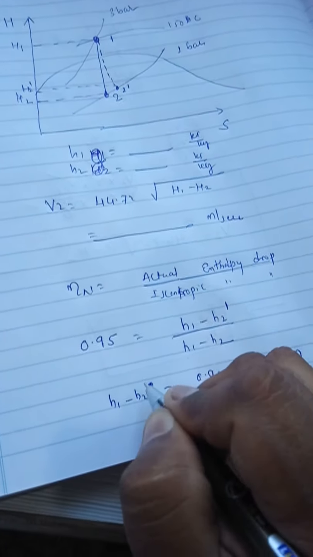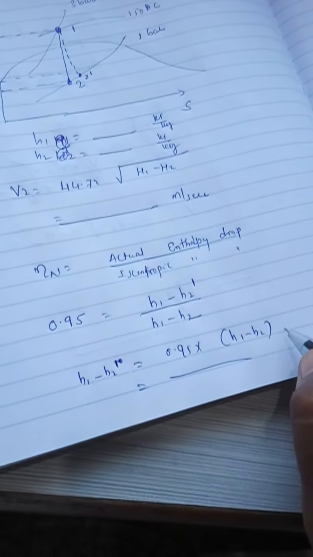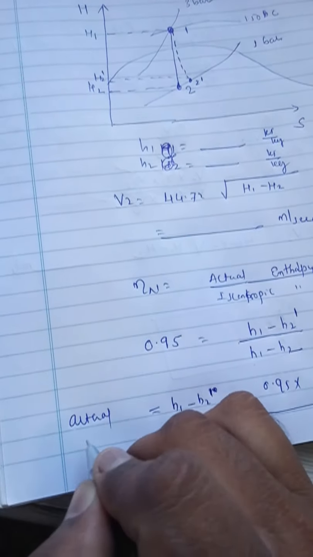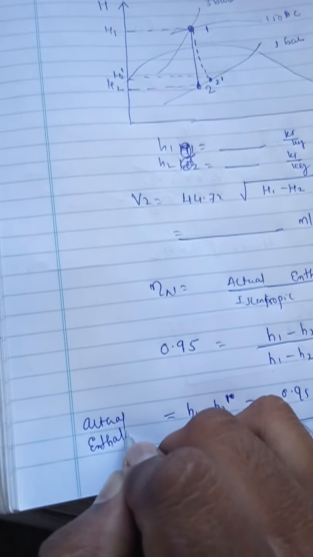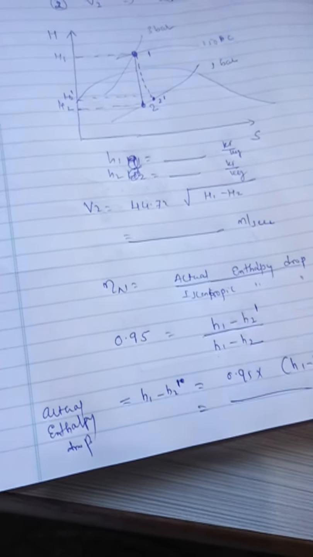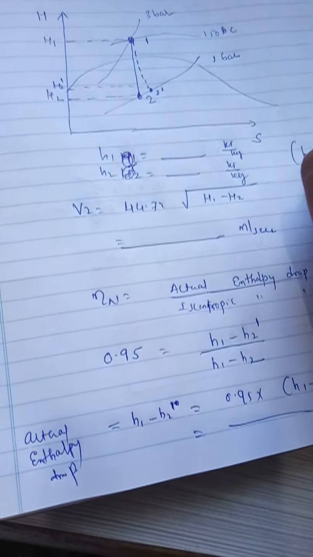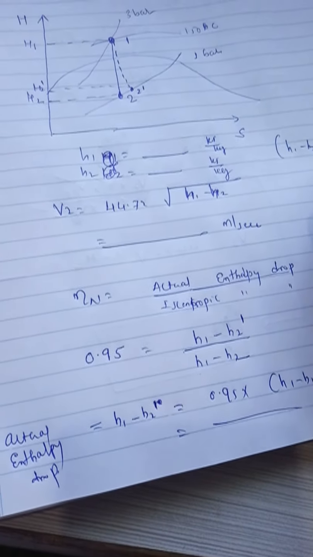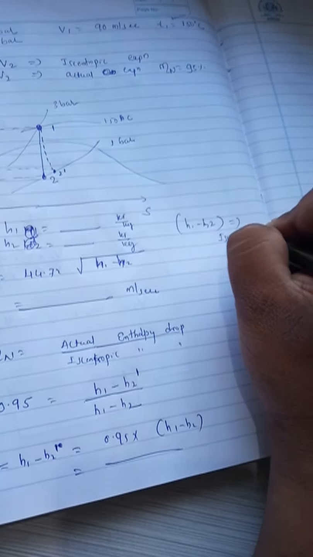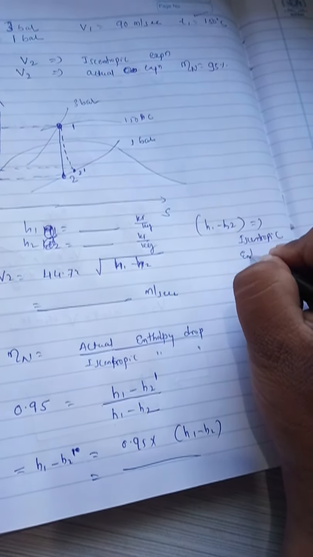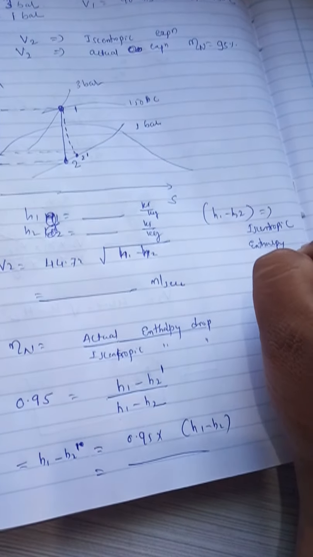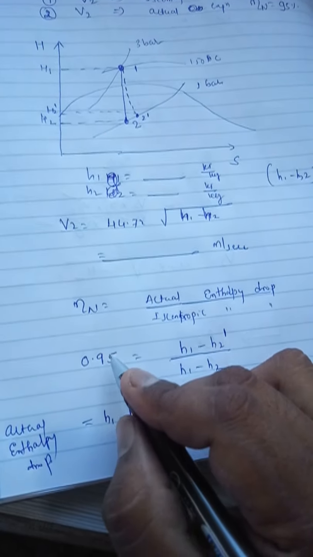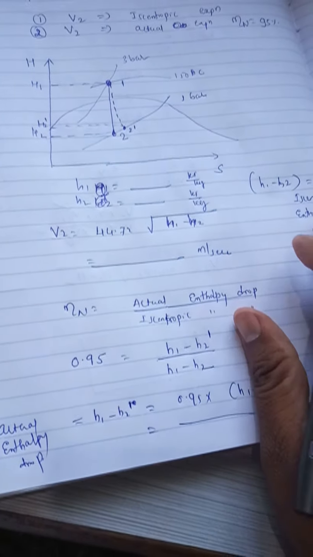So here you will get h1 minus h2 dash. Whatever you are calculating here is the actual enthalpy drop. Whatever you have calculated as h1 minus h2 is the isentropic enthalpy drop.